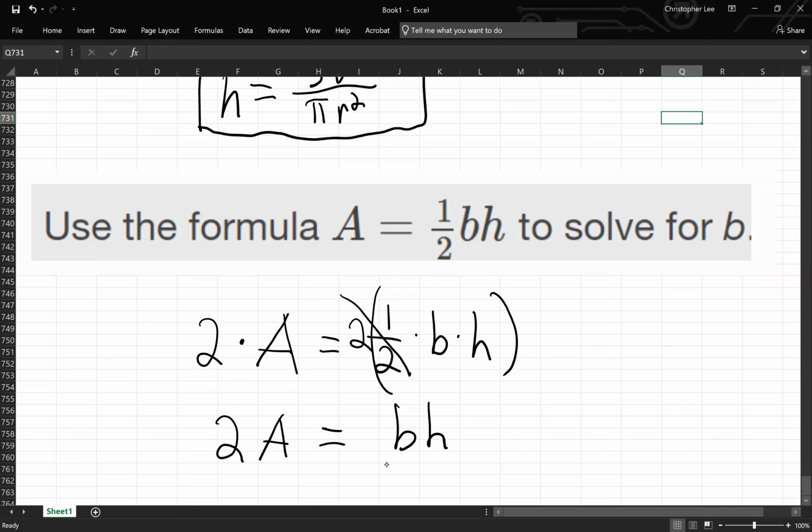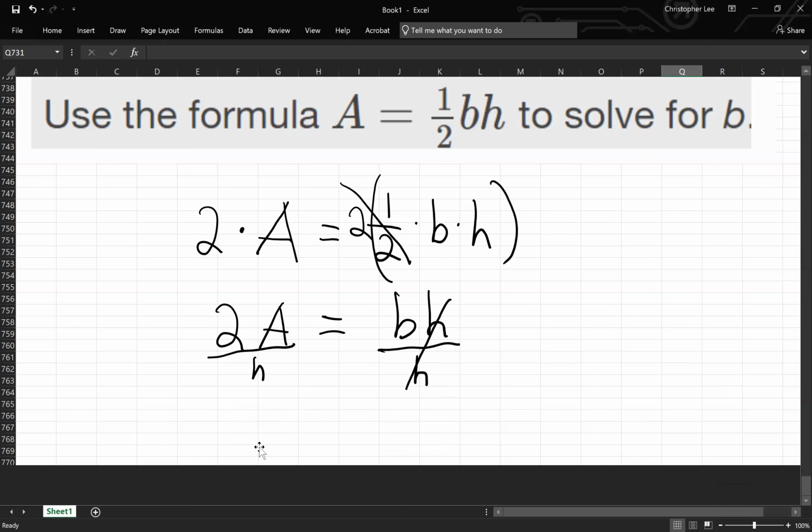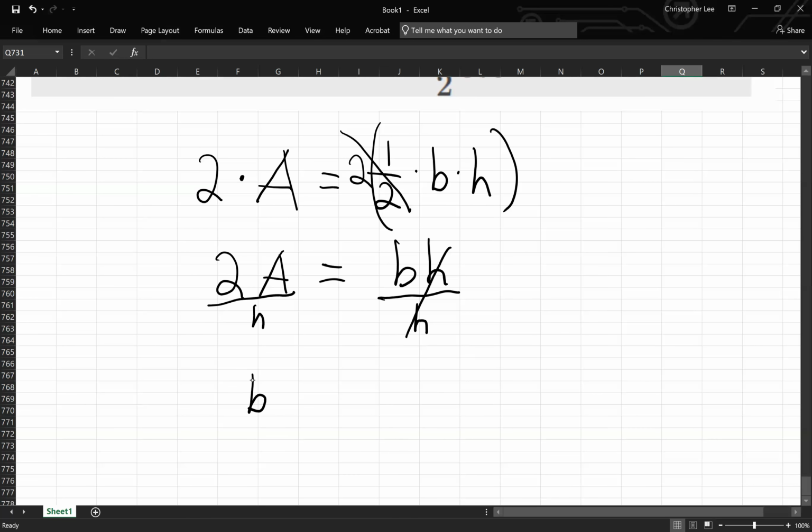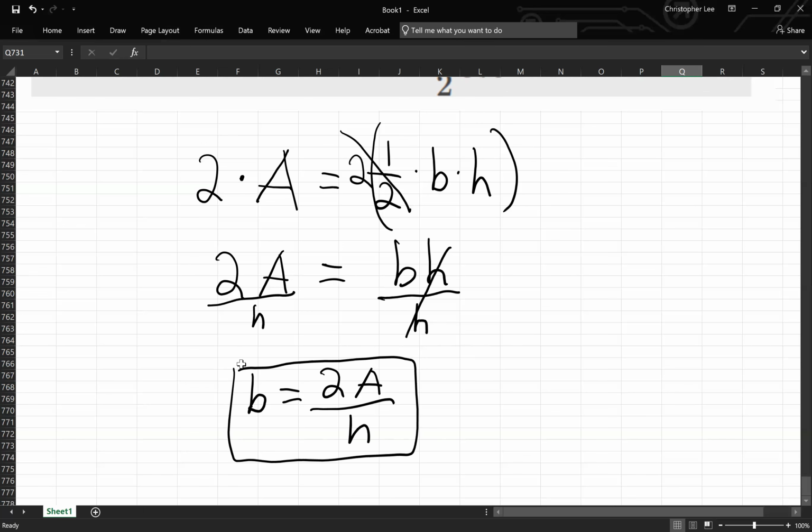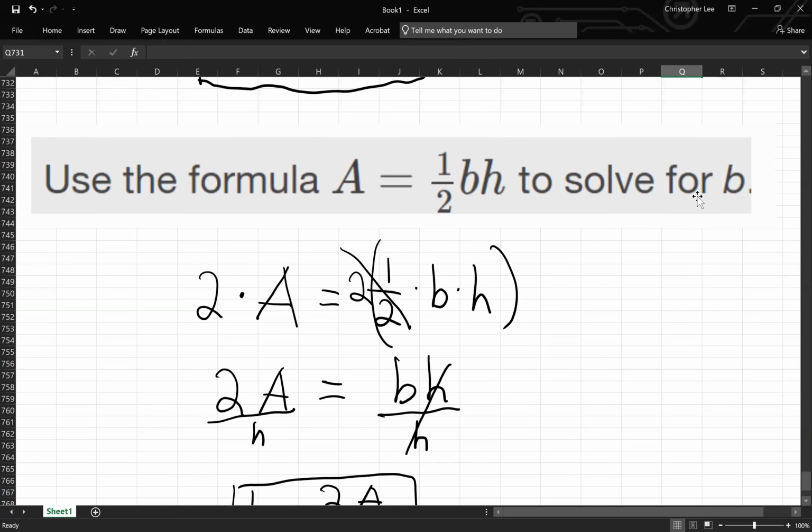So I'm gonna divide by the H over here to get rid of it. But when I do one side of the equation, I have to do the other side. And that's it, I'm done. So B is equal to 2A over H. That's it.